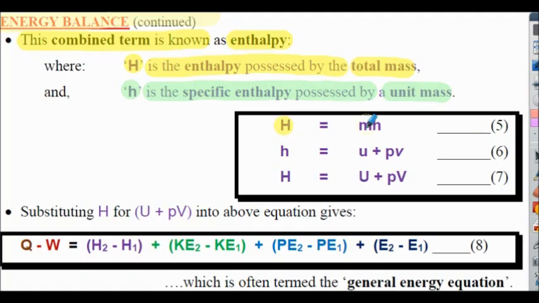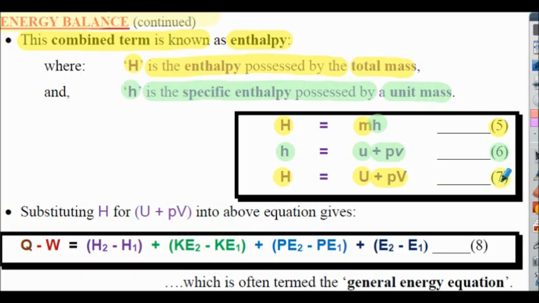Uppercase H is equal to the mass multiplied by the specific enthalpy, referred to as equation 5 for reference. Lowercase h is equal to lowercase u, the internal energy per kilogram, added to the flow work per kilogram, labelled as equation 6 for reference. So uppercase H, the enthalpy of the total mass, is the total internal energy of the fluid added to the total flow work done on the fluid.